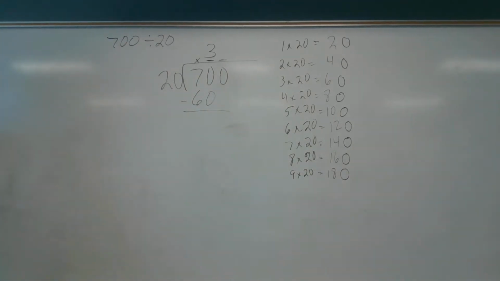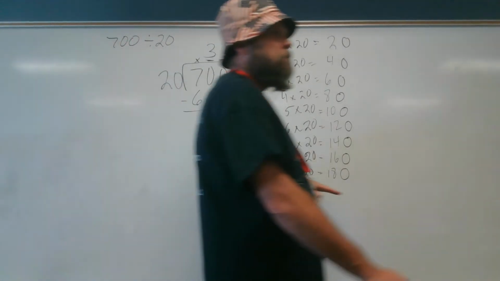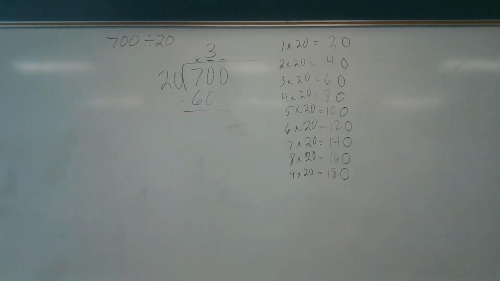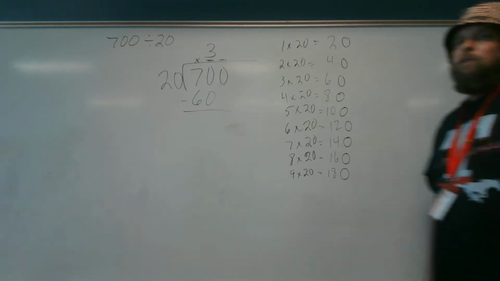If you put your numbers in your quotient in the wrong place, when we start dividing decimals, division of decimals starts again today, you're going to possibly get the wrong answer if you don't put your digits in your quotient in the correct place.